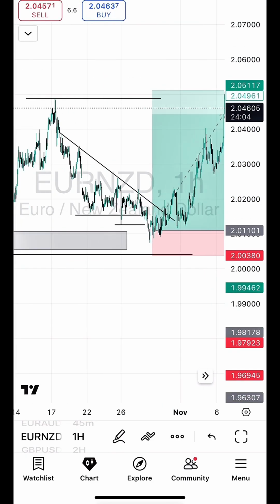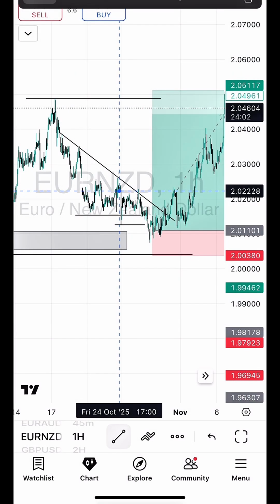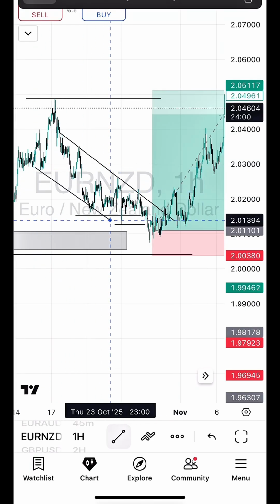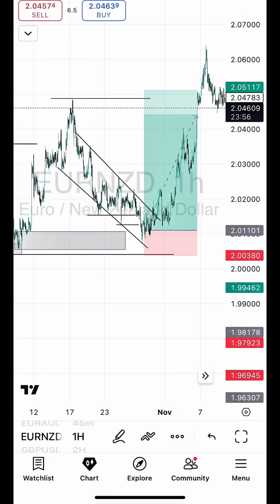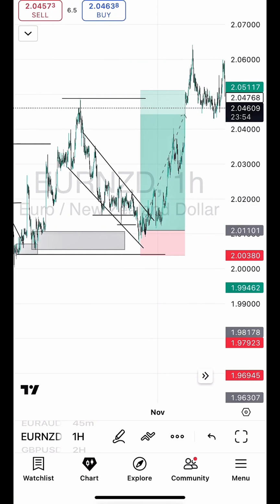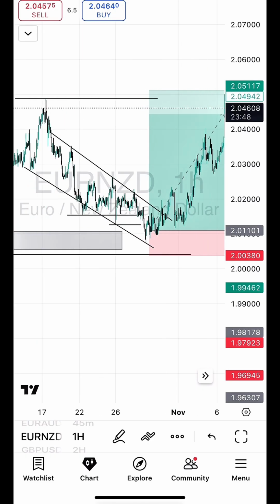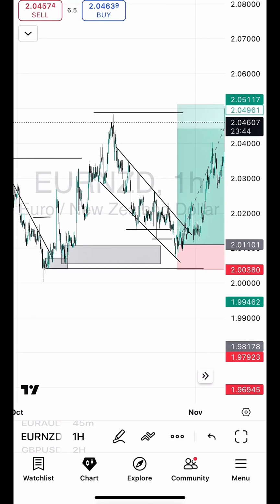A very clean descending rectangle for those of us that trade chart patterns. So this is a rectangular pattern, a descending rectangle or descending channel. I'm saying rectangle, descending channel, because normally if we are to close it, it becomes a rectangle. So a descending channel pattern.